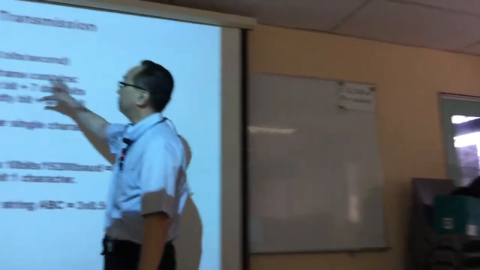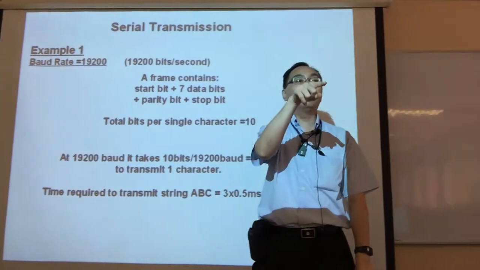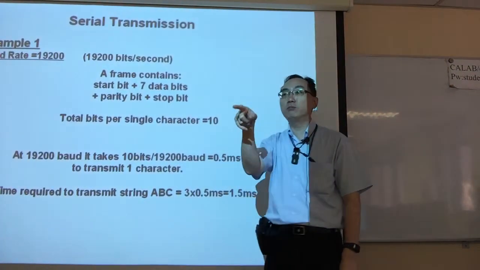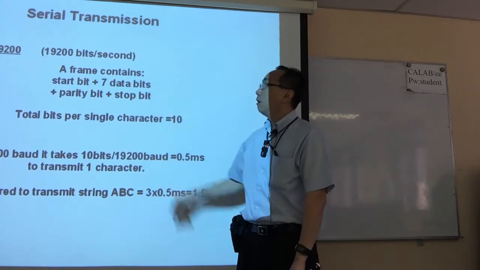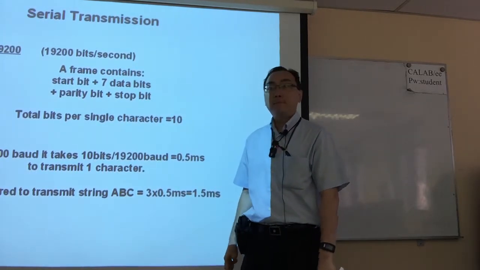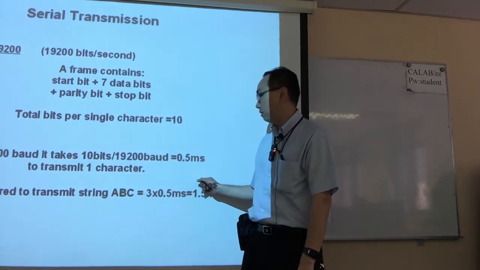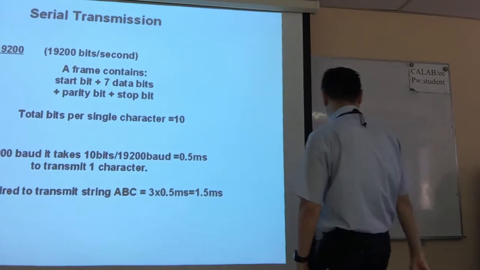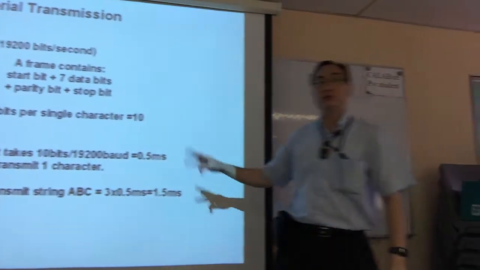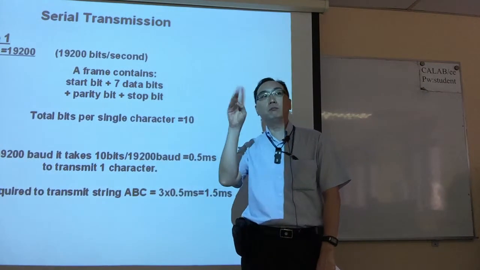Need an example here. You all have this slide, I think, this serial of this PowerPoint slide with you. Take a look at this example. This is a good example. If you want to transmit 3 characters, let's say A, B, C, you need to multiply by 3.